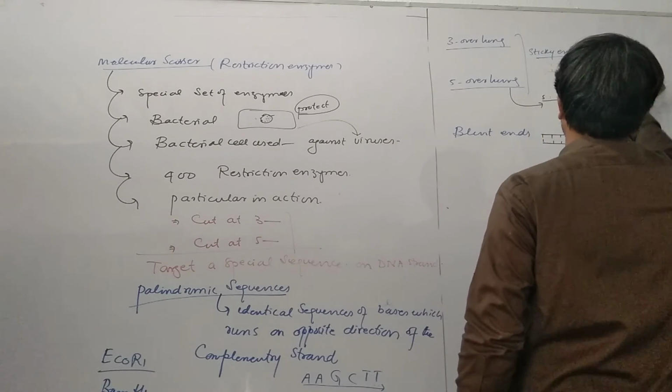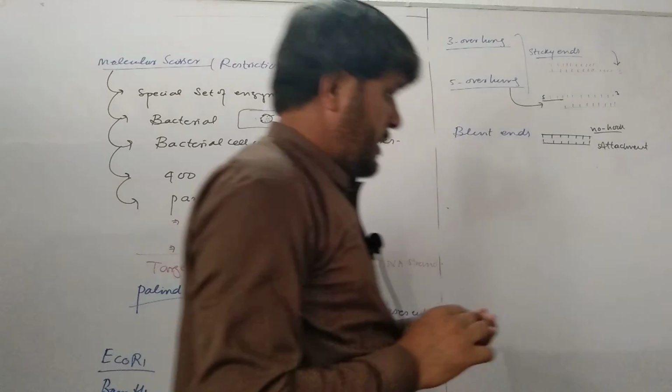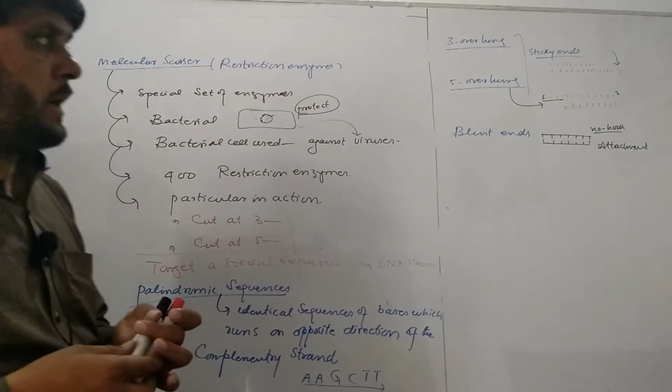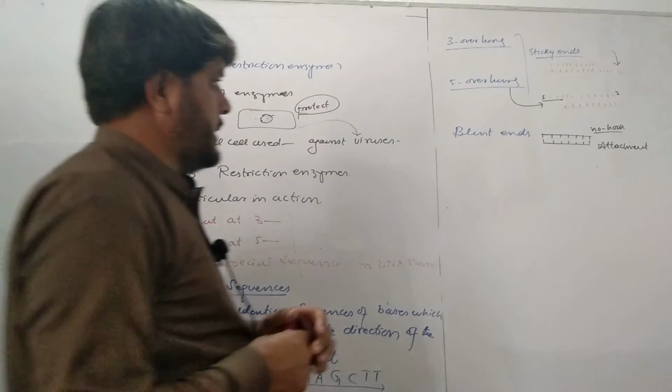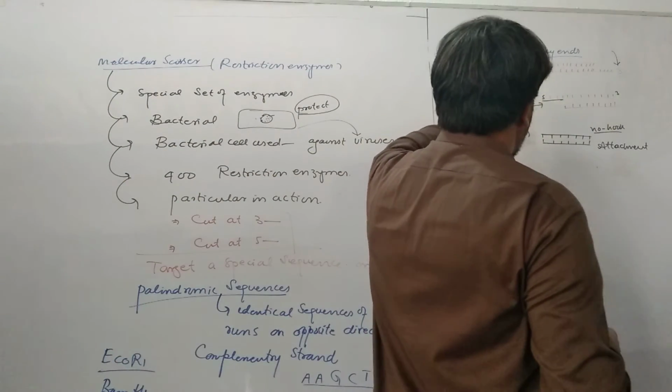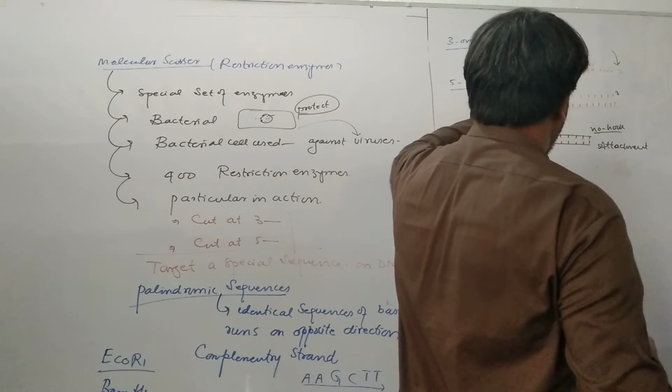When a sticky end is present at the 3' end, then it is called a 3 overhang, and when the sticky end is present at the 5' end, then it is called a 5 overhang.